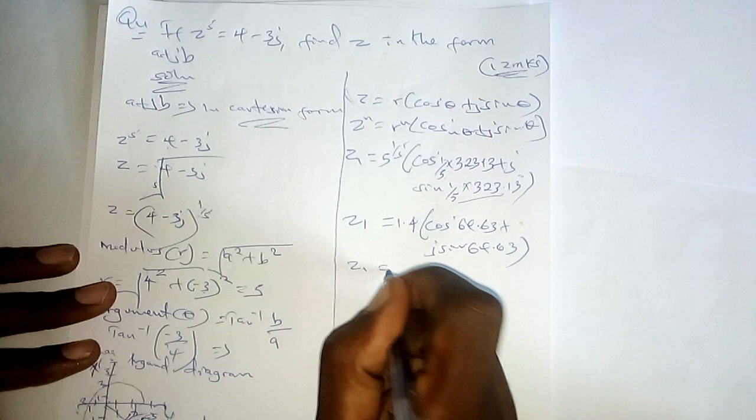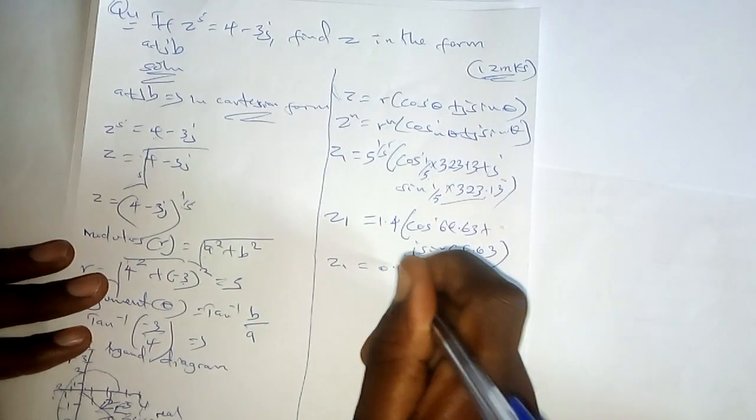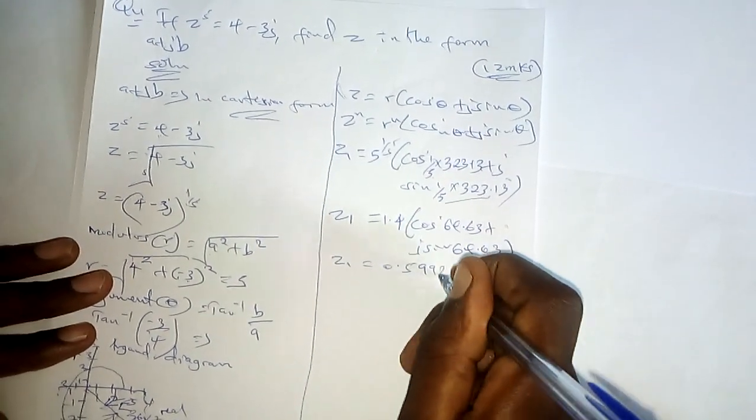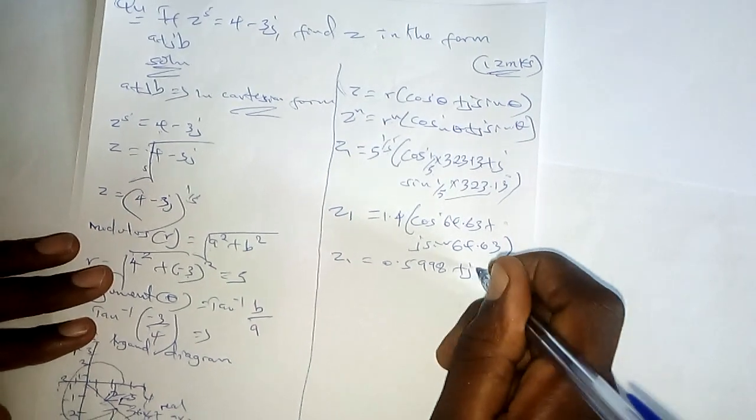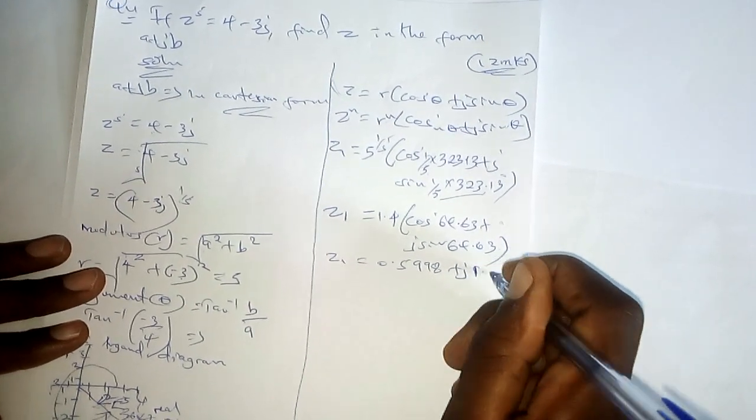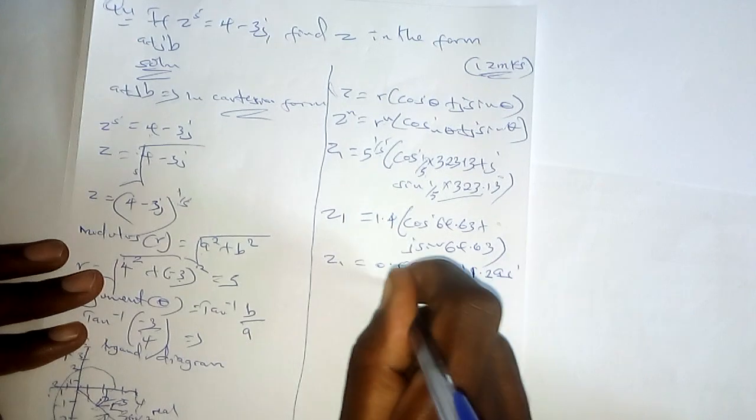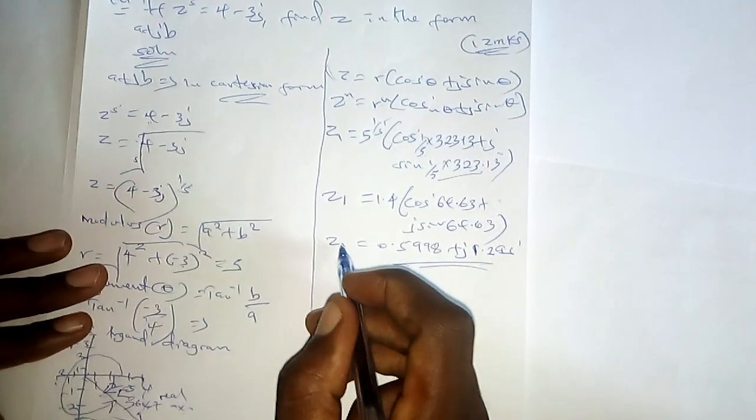So z1 is equal to 0.5998 plus j1.295, and that is z1.